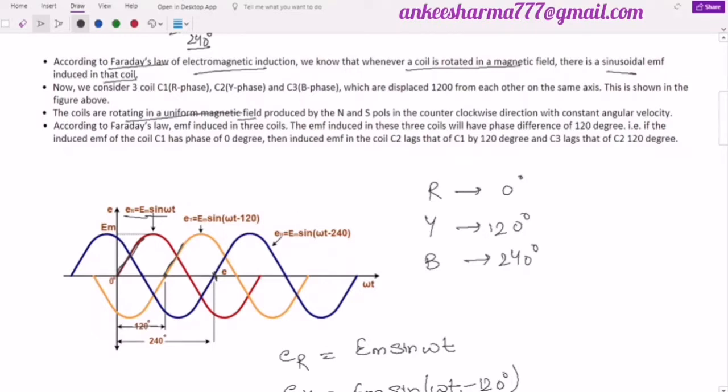It means if they have the same angular velocity also, then the sinusoidal EMF generated by them will be of the same amplitude. So all three waves will have the same amplitude equal to EM, the maximum value, and they are shifting with respect to sine of omega t. In the case of sine signals, there is a phase shift only; the rest of the things are the same.